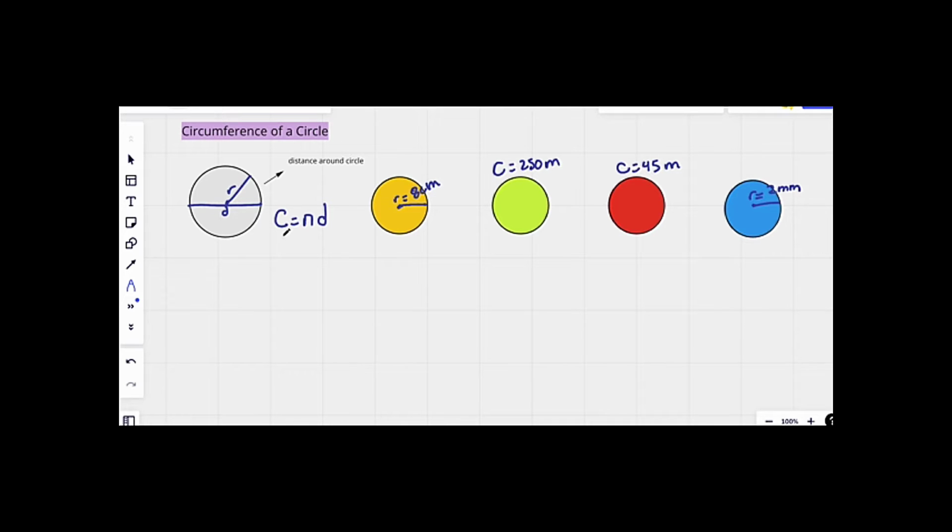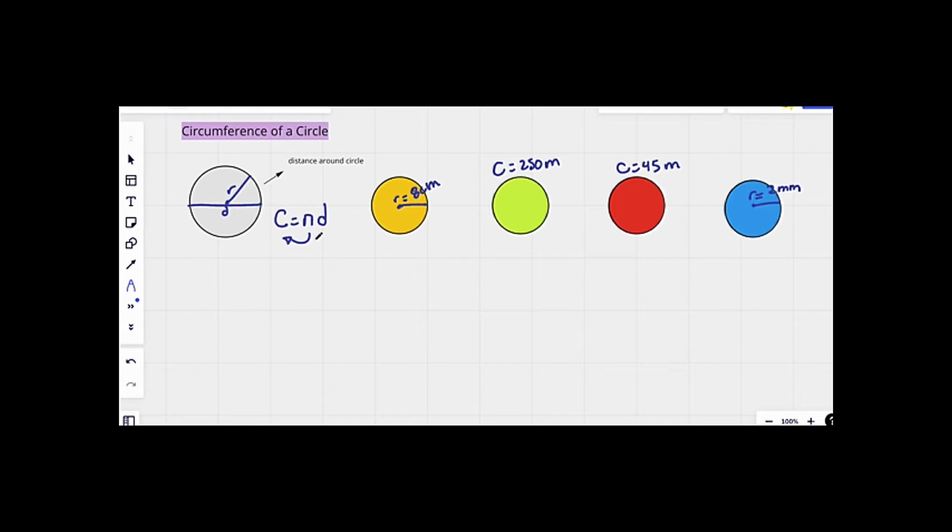So we've got here C equals pi times d. We've got to move our pi to the other side, and in order to move our pi to the other side of the equal sign, we have to do the opposite of what pi is doing. So what is pi doing? Pi is multiplying against the diameter.